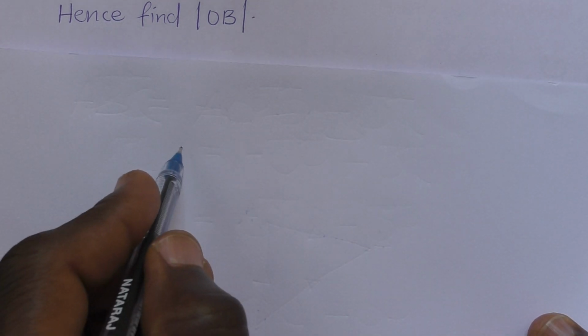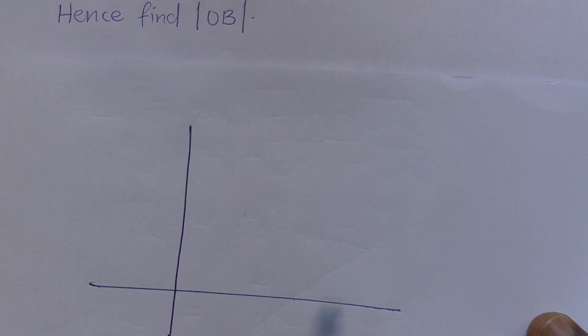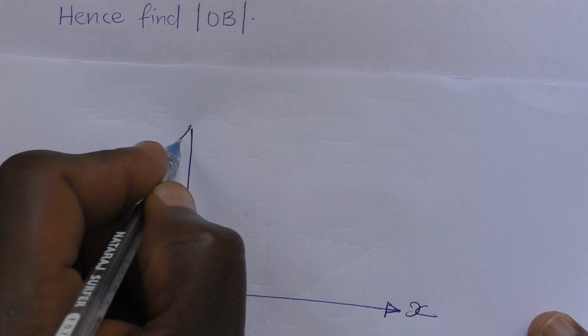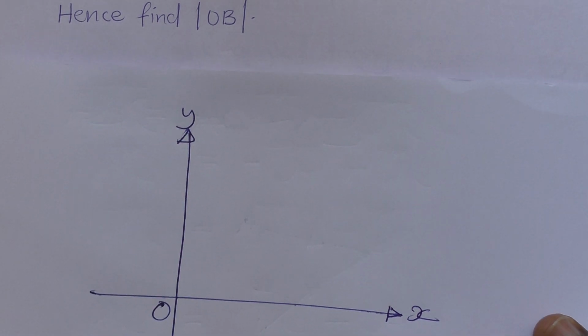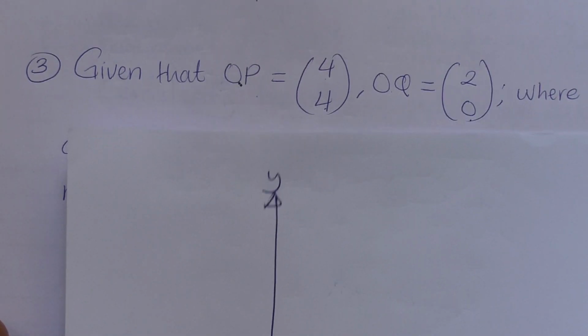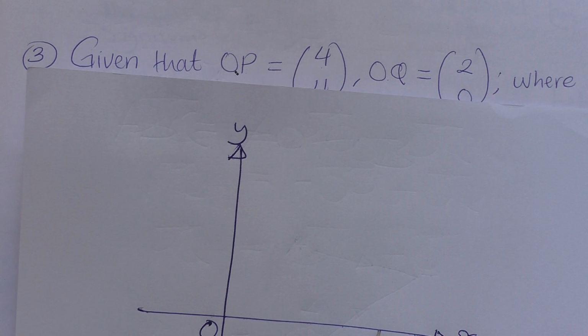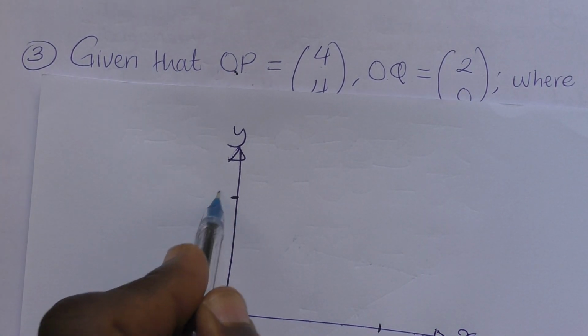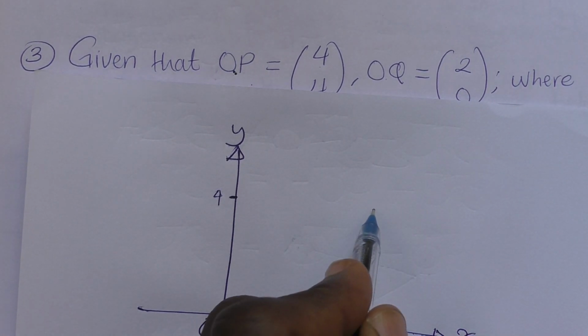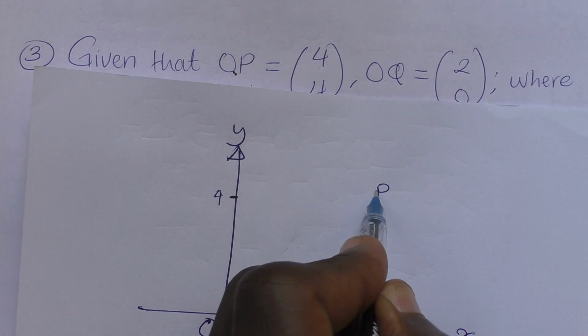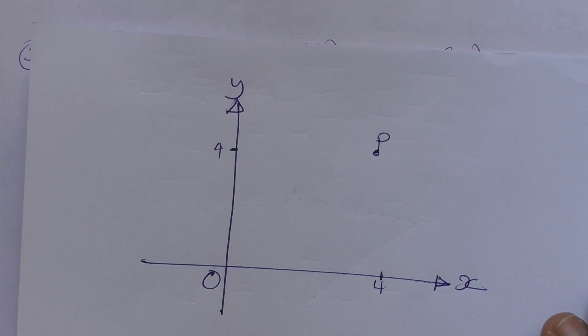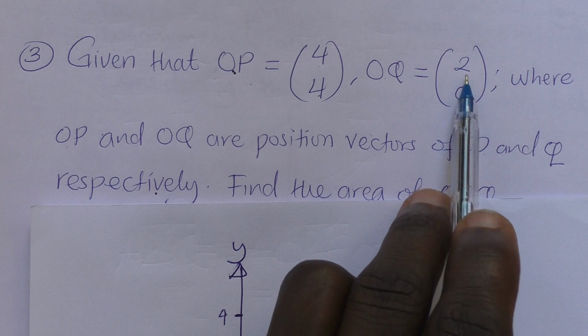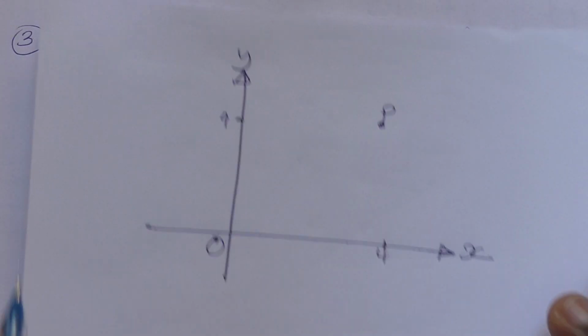If we try to sketch this, we shall start with our Cartesian plane, and then P is at (4, 4). So assuming this is 4 and this is 4, so that will be P. And then Q is at (0, 2).